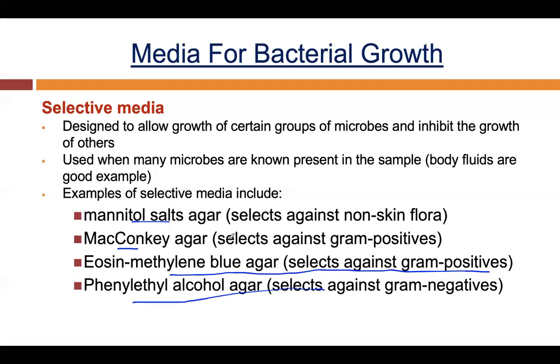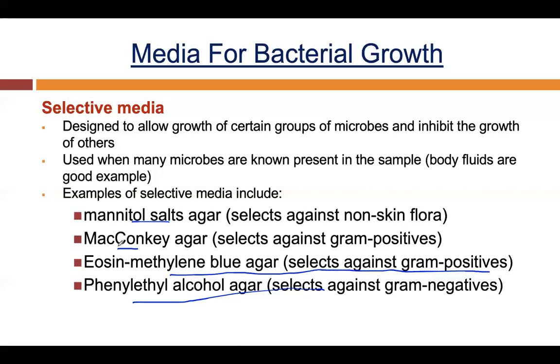So these are for when you want to check very quickly which group of bacteria, gram-positive or gram-negative, is present. Instead of a regular sterile nutrient media plate, you can use this plate.